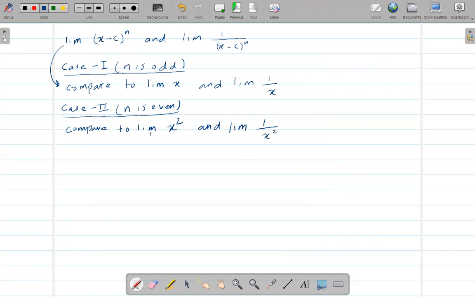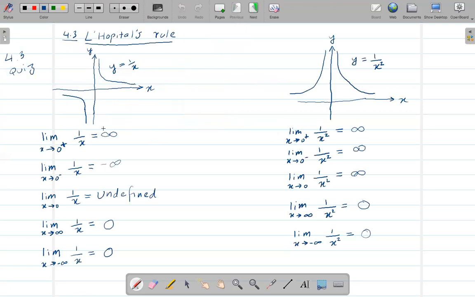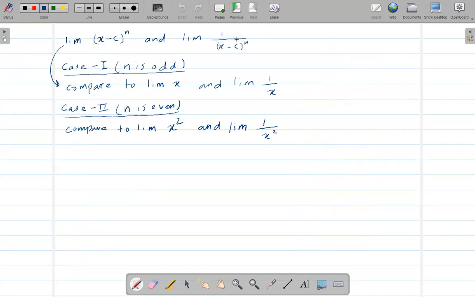We found this limit of 1 over x and 1 over x squared in the previous page, right here. That's why I said that we need to know this idea, so we'll be using this later on.